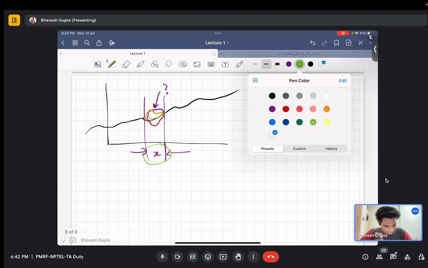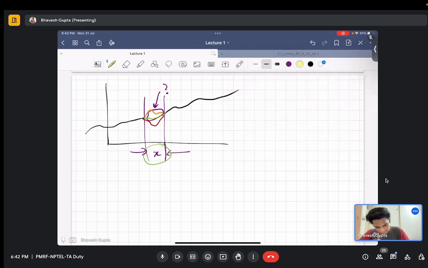But you can say what happened over here, but not in between. You can comment about the neighboring points, you can comment about the boundaries, but you cannot comment about what happened in between, because now you have a set of x which you don't know.